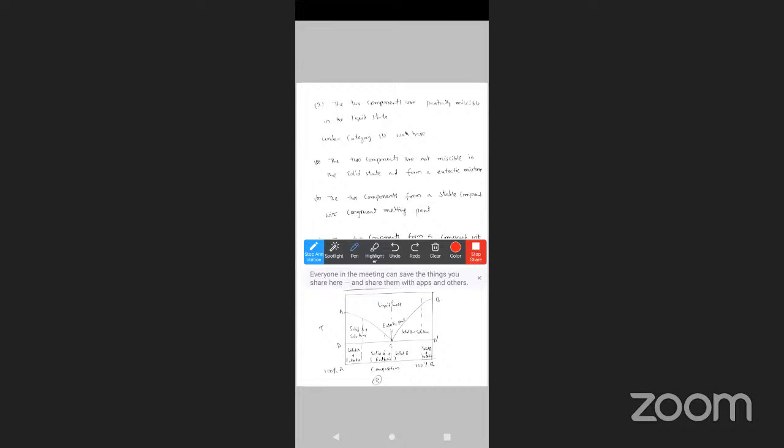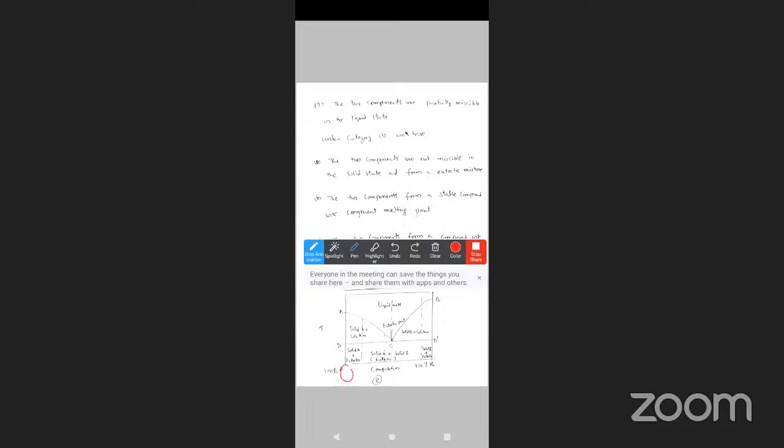Look at this diagram, the phase diagram. On the x-axis the composition, on the y-axis temperature, which means we are observing how the composition changes with the temperature.